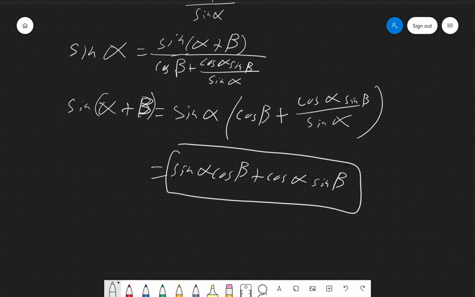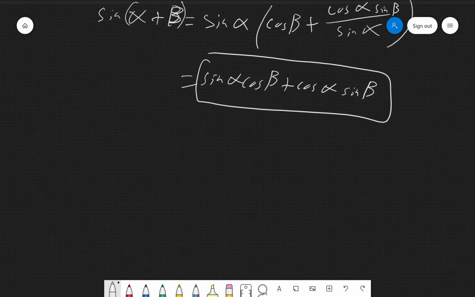What we're going to do now is use the identity, hopefully you know it, but if you don't, it's okay: the sine of 90 minus, let's say x, we already use x, we'll do theta, 90 minus theta equals the cosine of theta.